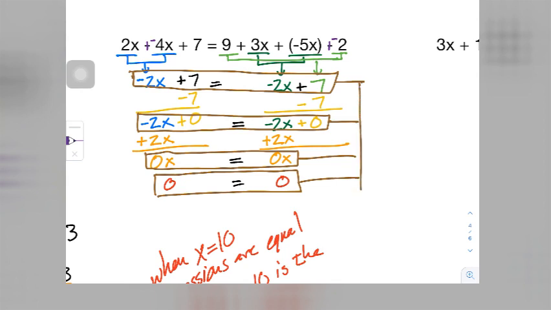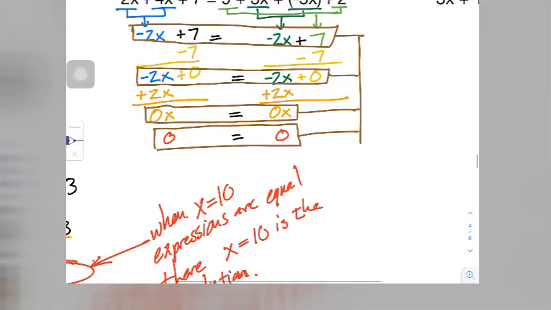What this means is, let's see, we're gonna write it right here.